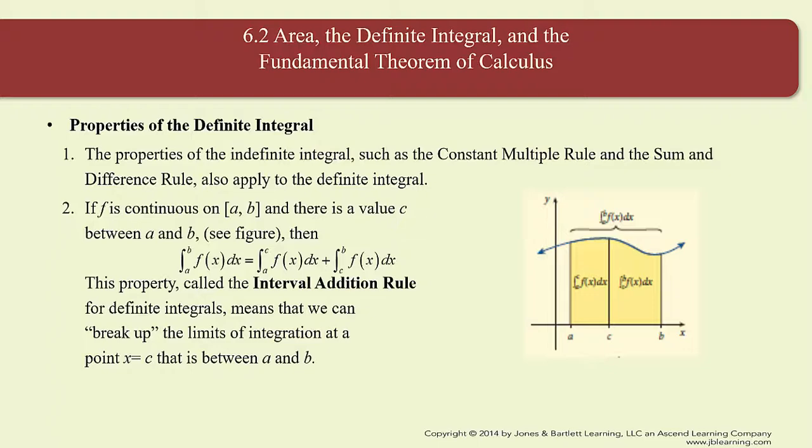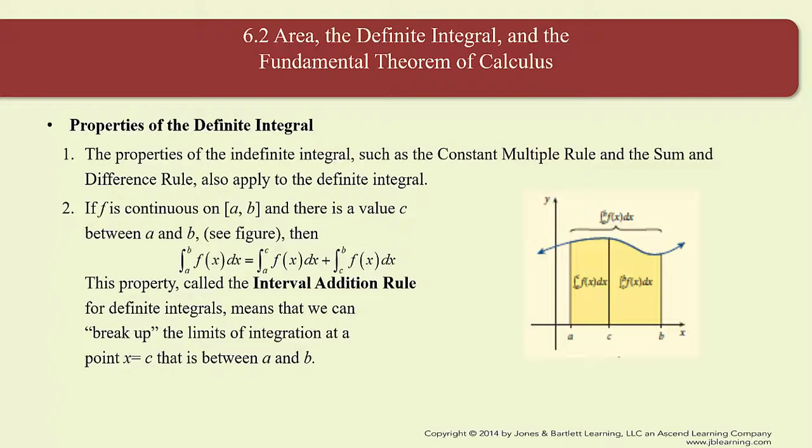In other words, the integral from a to b of f of x dx is equal to integrating from a to c of f of x dx plus integrating from c to b of f of x dx. Intuitively, that should make sense. The area of the shaded region from a to b should equal the area from a to c plus the area from c to b.